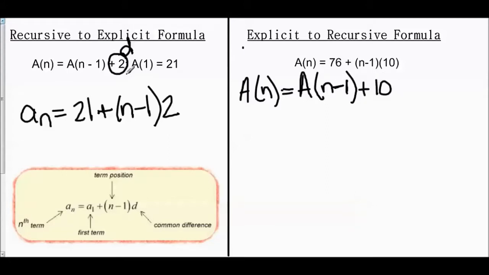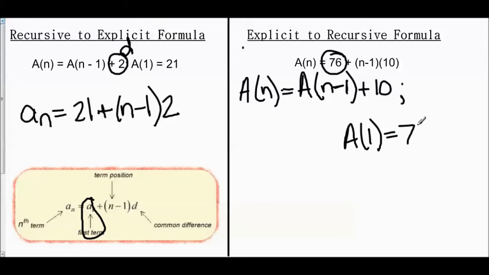Then you're also going to add in what the first term is. So I would put a semicolon, and I'll bring it down here because I'm short on room. A of 1, my first term, is 76. I can see that from down here. So there it is as the recursive formula.